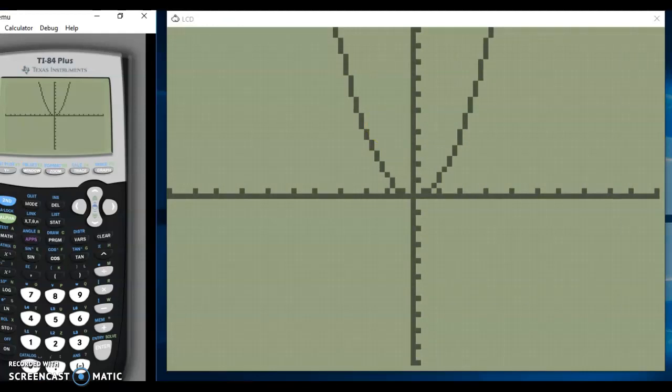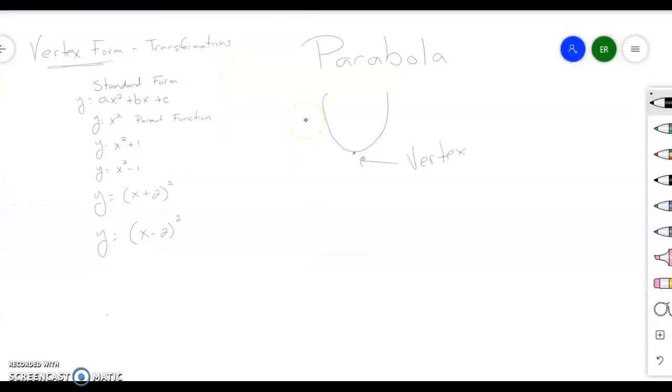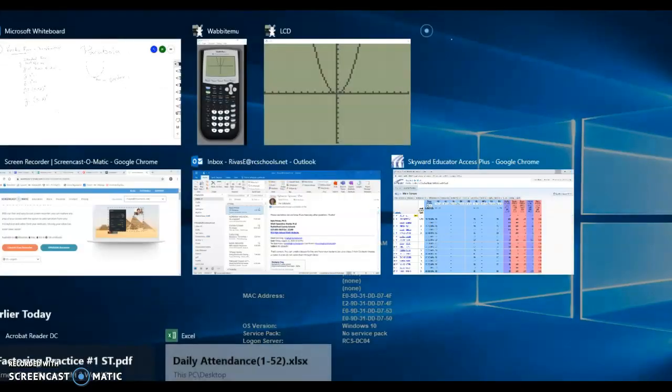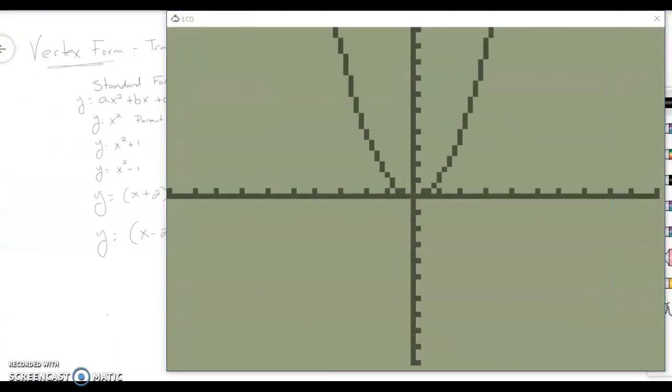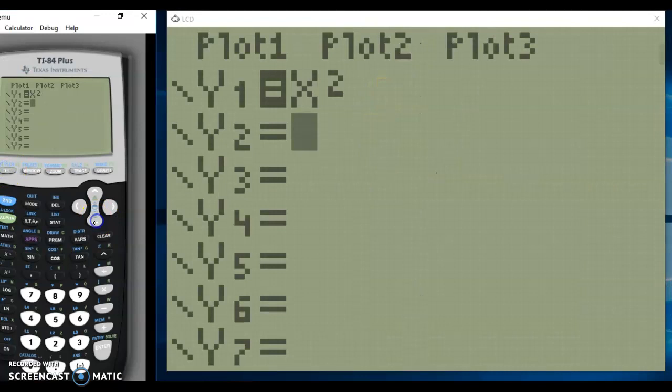Okay, so now if we want to explore this first part and we want to see what happens when I add 1 to x squared, back in this calculator function, we're going to go back to y equals, and you can add in multiple graphs at once, so that's helpful when we're trying to explore things like this. So we're going to go y is equal to x squared plus 1.